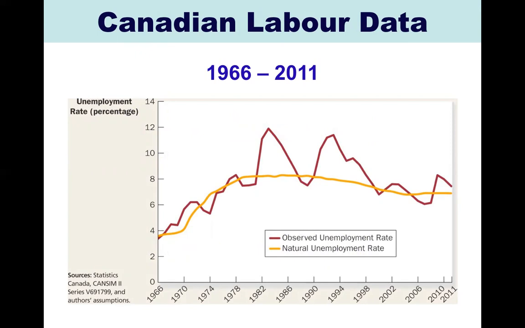We see that the red is the actual unemployment figures, and the yellow is the natural rate of unemployment. Notice that back in the 60s, we had a low natural rate of unemployment, down at just below 4%. And then through the 70s, it increased up to close to 8% in Canada's economy.